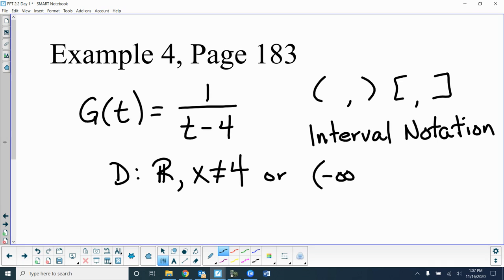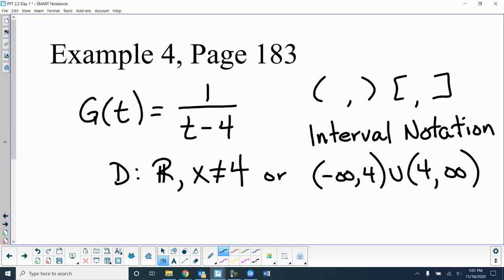Negative infinity, 4, parentheses on both, union put together with 4 to infinity. Since I use parentheses, that means I'm not including the 4. So basically I'm saying everything but 4 then. Okay, so you'll have to find the domain of different equations.